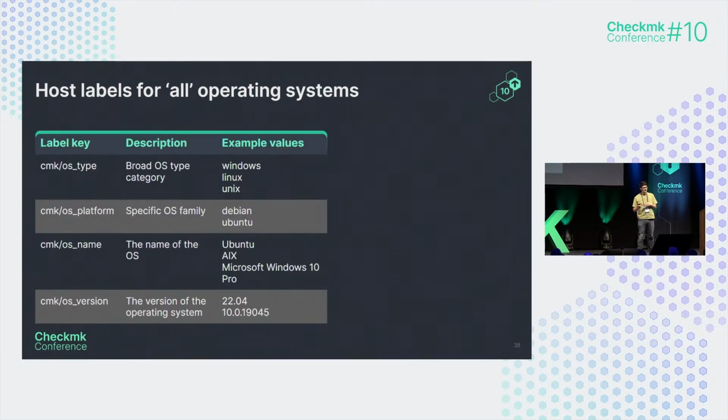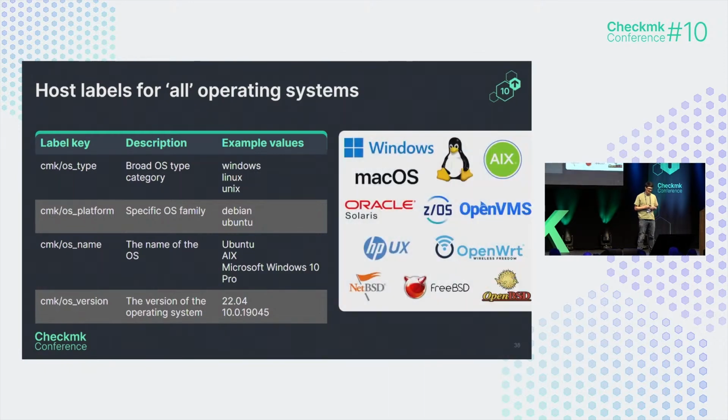You also now get much more OS properties like the platform, the name, the version. And the nice thing about it is it's not only for Linux and Windows. We made this for basically any agent which we support. So even for AIX and also for FreeBSD and so on. You will not always get all the information because not every system has all information. But what we tried is that we basically gather everything which is easily accessible.